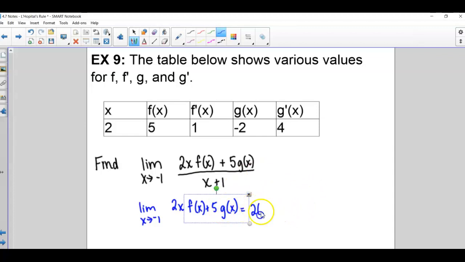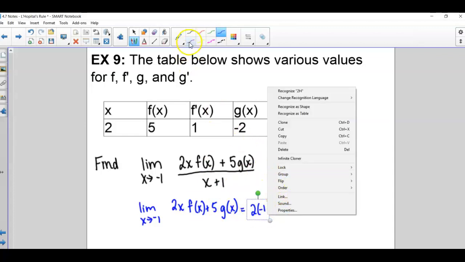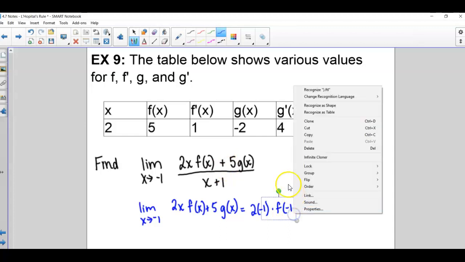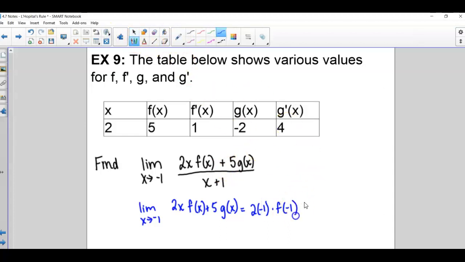So you've got to do 2 times negative 1 times f of negative 1 plus 5 g of negative 1.